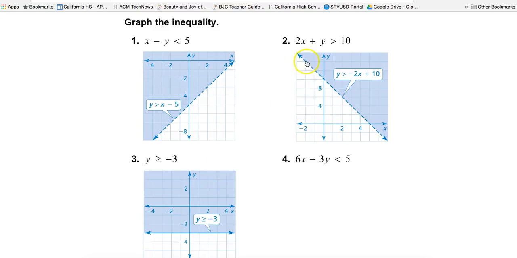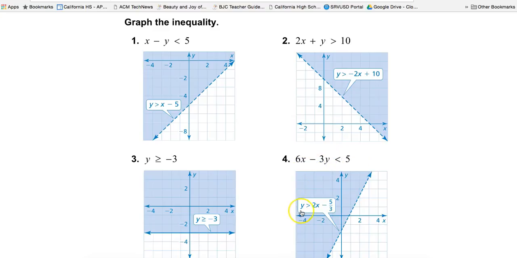In our previous two examples, we had dashed lines because our lines were not part of our solution sets. In this last one, we solve this, and we get y is greater than 2x minus 5 over 3. Again, a dashed line because it's just greater than, not greater than or equal to.